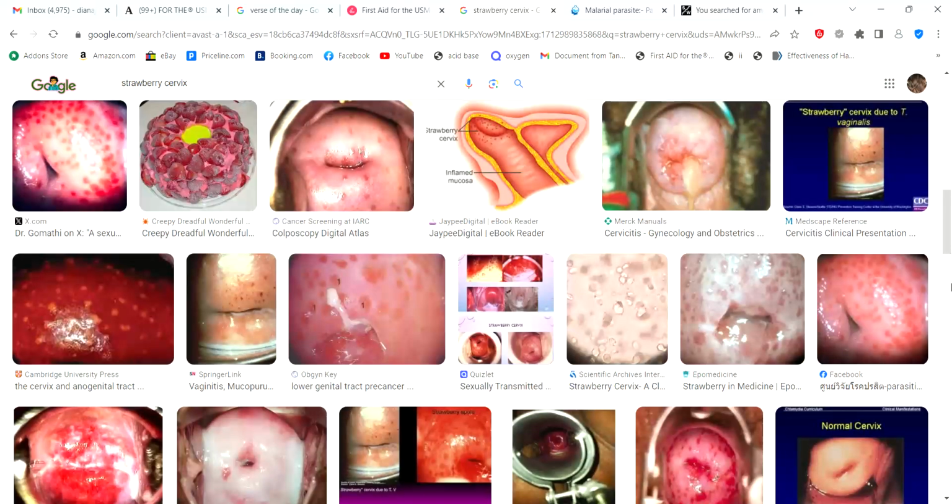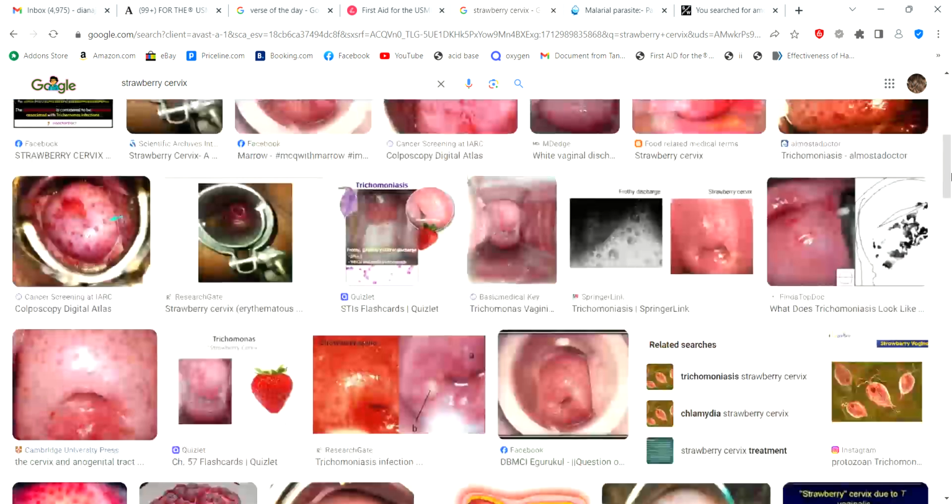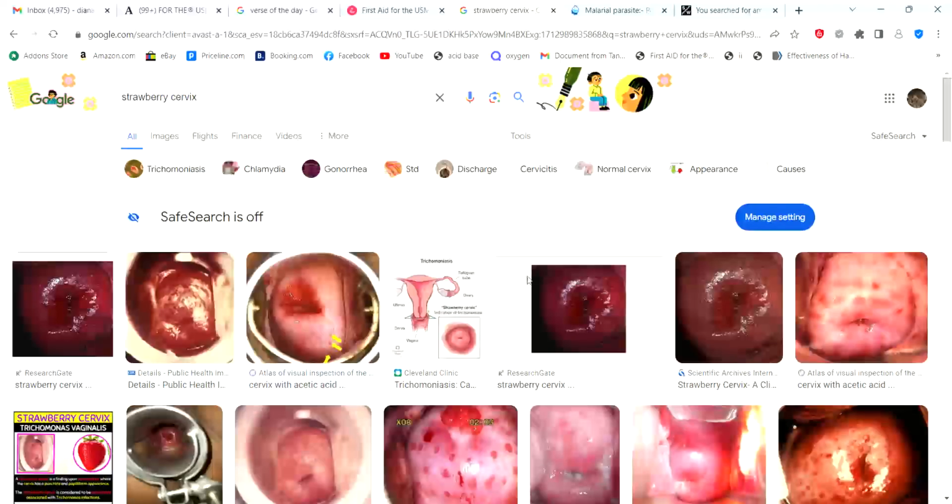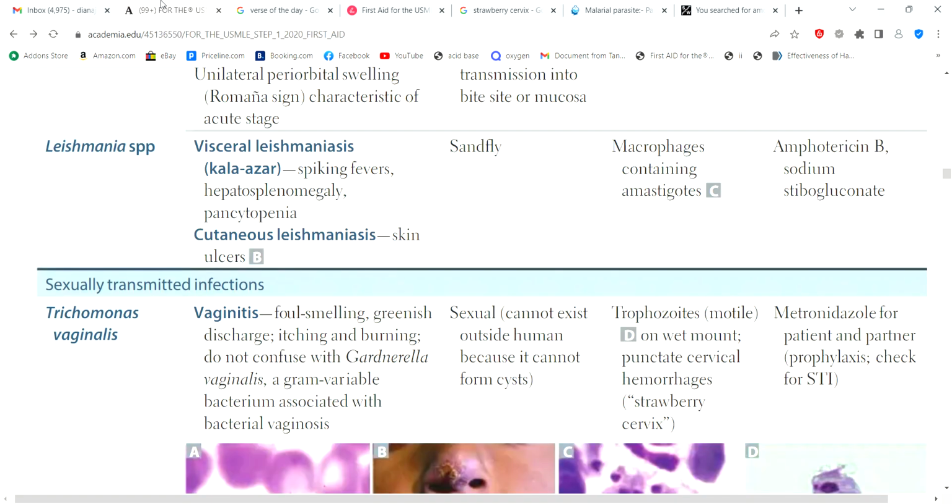They're always correct, backed by scientific research, publications, and presentations of medical students and residents. So you'll never fail. Look through the images, compare and contrast. Plus, you'll never forget it.